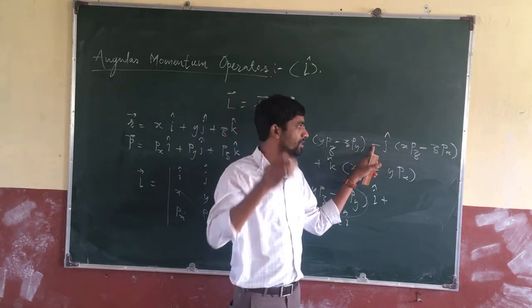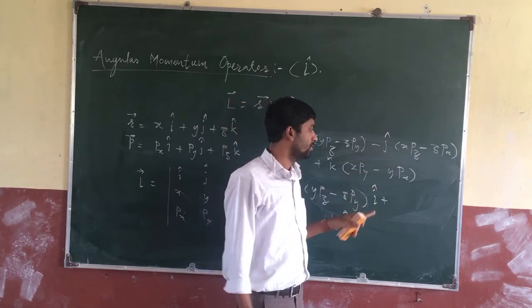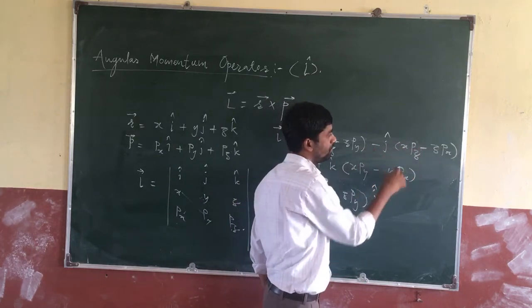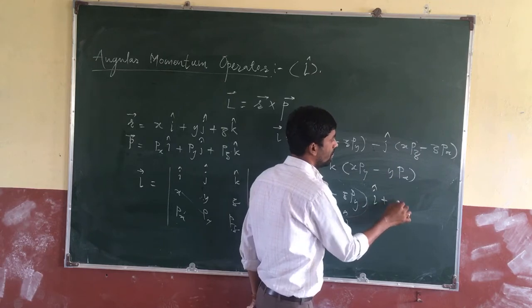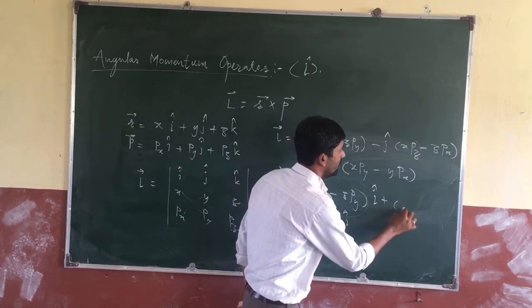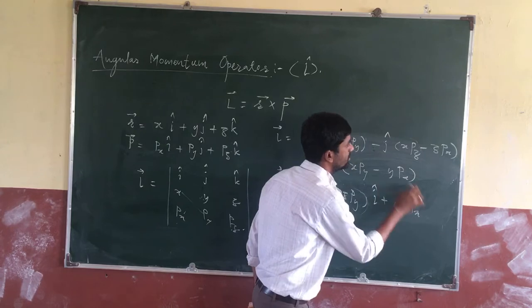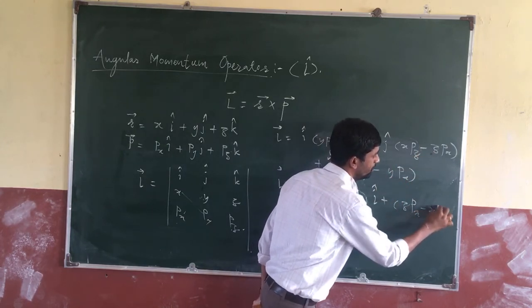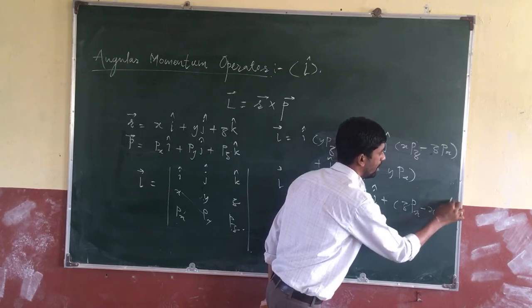If you take this minus inside, the term becomes (z px minus x pz) times j cap, and this term acts as Ly times j cap.